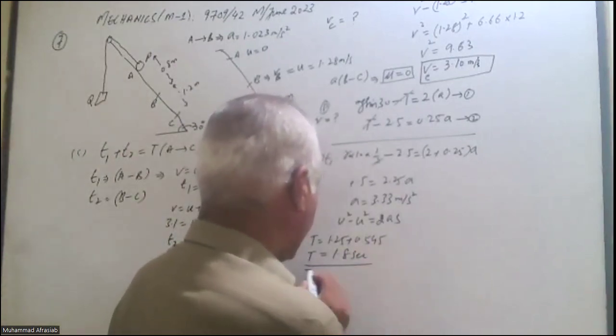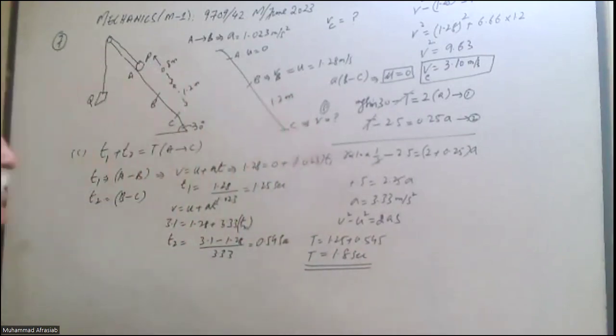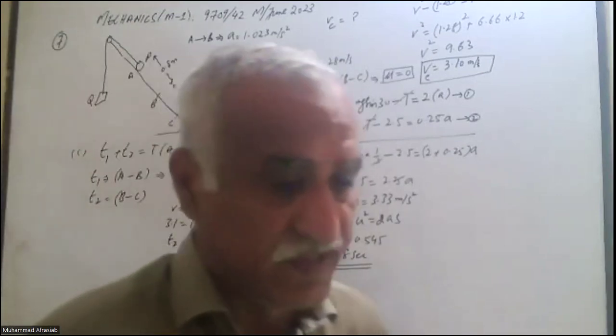So this is the final time from A to C for the particle traveling on an inclined plane, which is making an angle of 30 degrees to the horizontal.